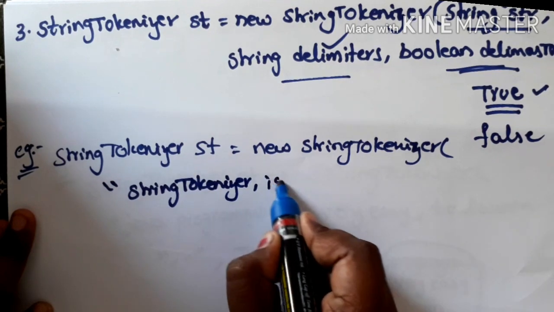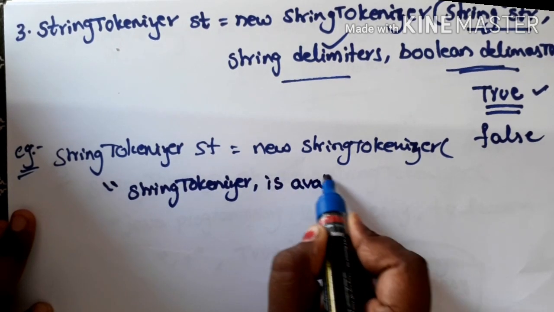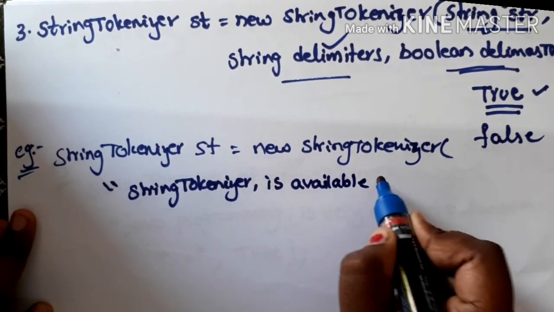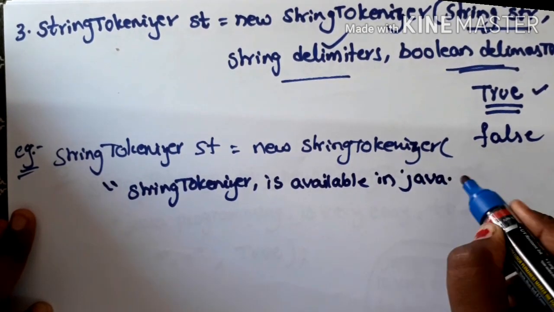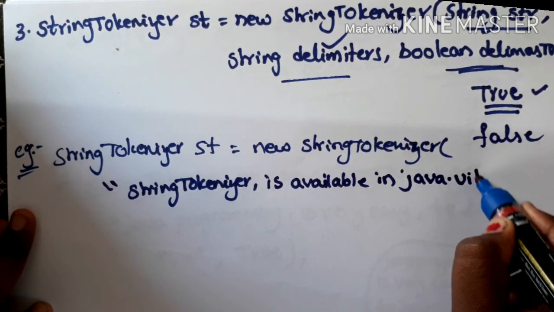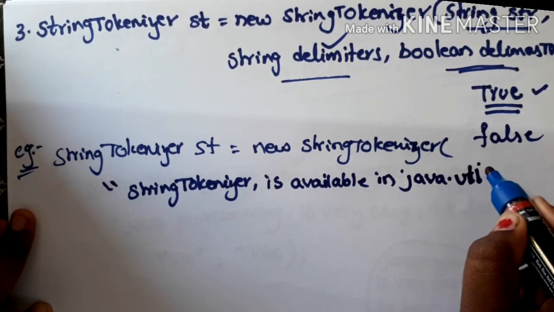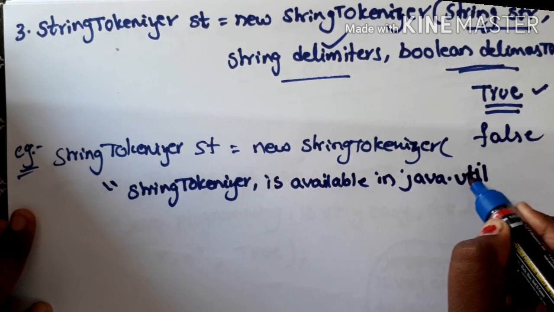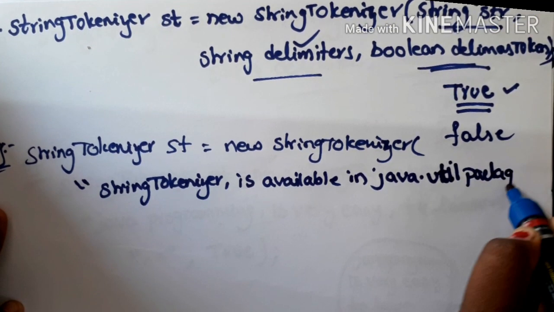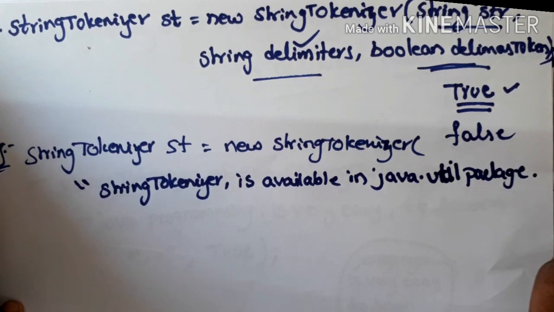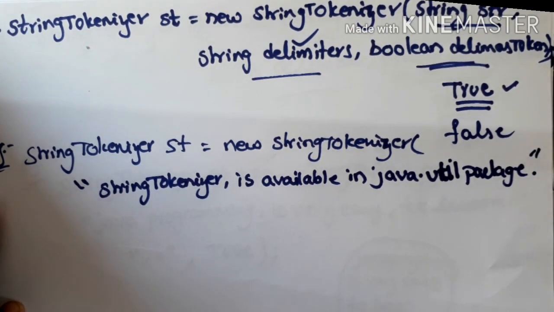is available in java.util package. So this is the string which I want to tokenize, right?